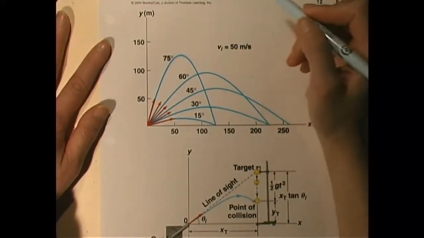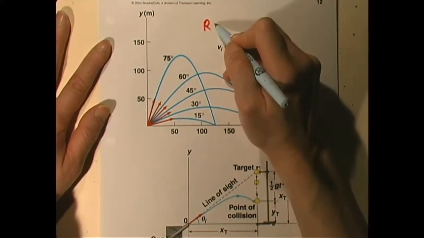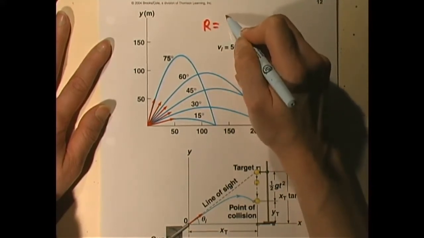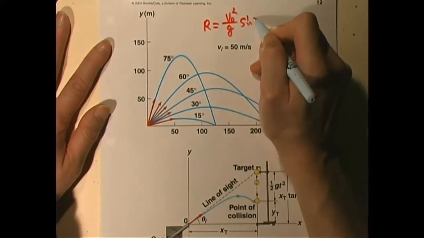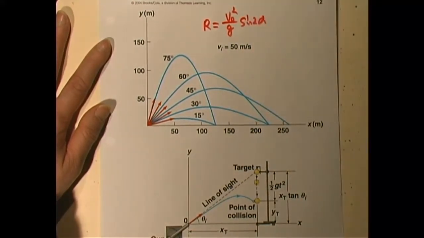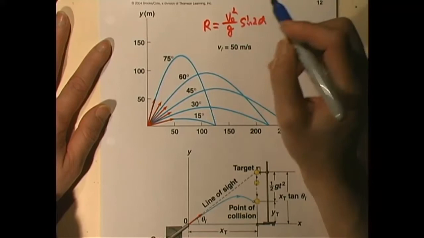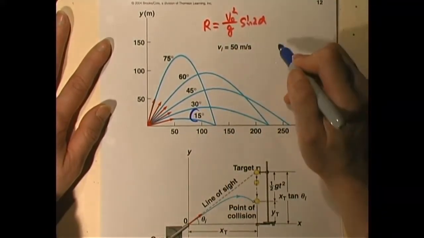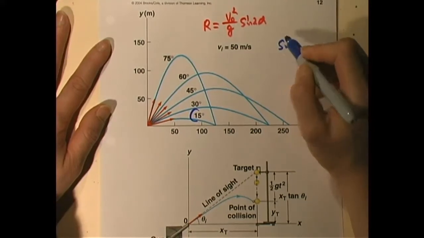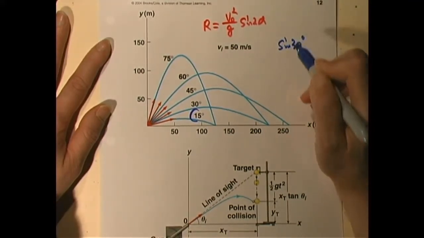Do you remember, from ground to ground, the total range R equals v_0 squared over g times sine of 2 alpha? This tells us that if the initial angle is 15, sine twice of 15 is sine 30.